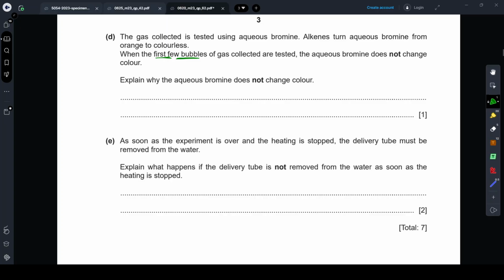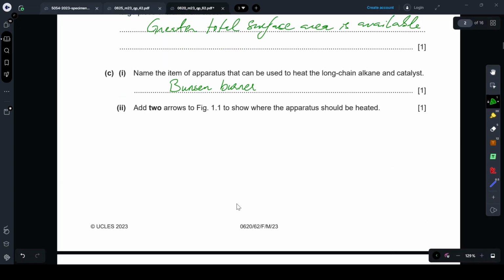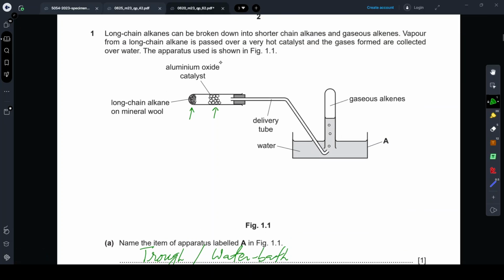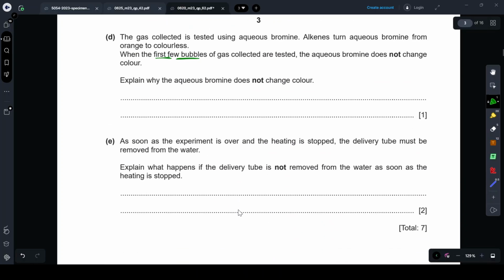Is it because it's most probably air? Yes, oxygen inside. This is not a vacuum setup, right? And so there's air. So when you're heating it, the gas is being pushed, and whatever air is in the delivery tube and the test tube over here is first going to be pushed out, right?